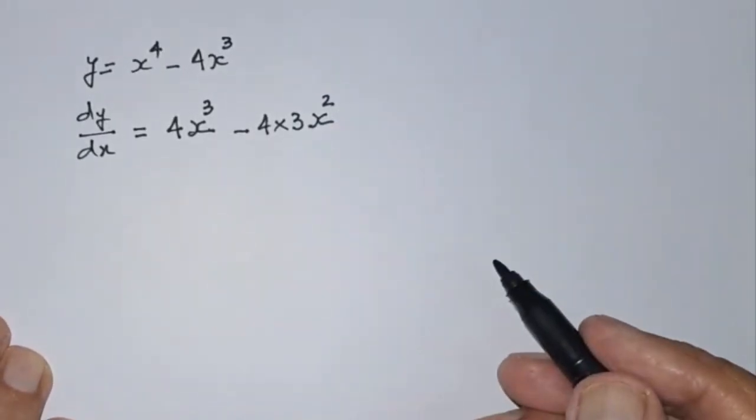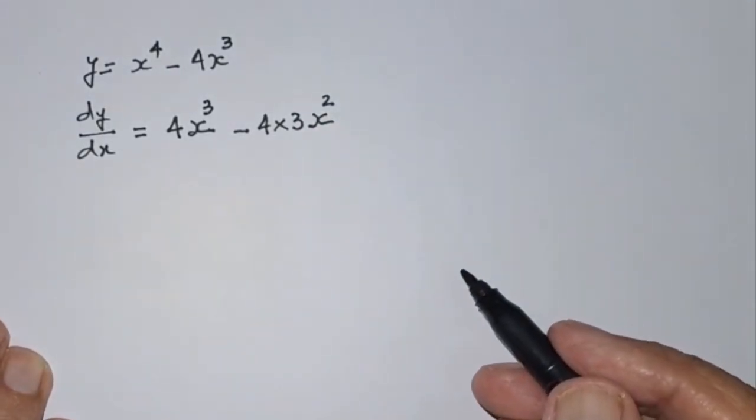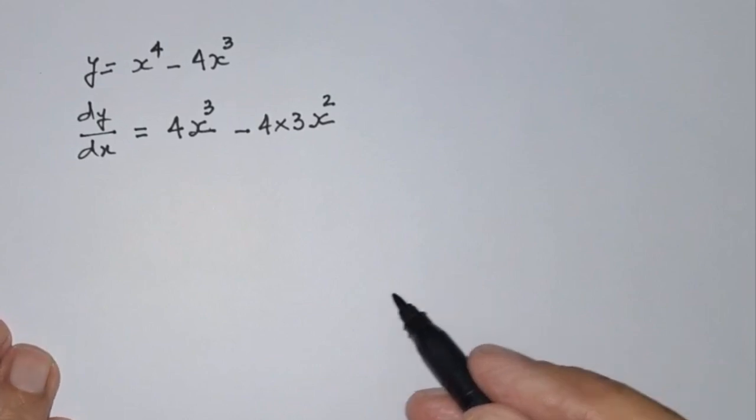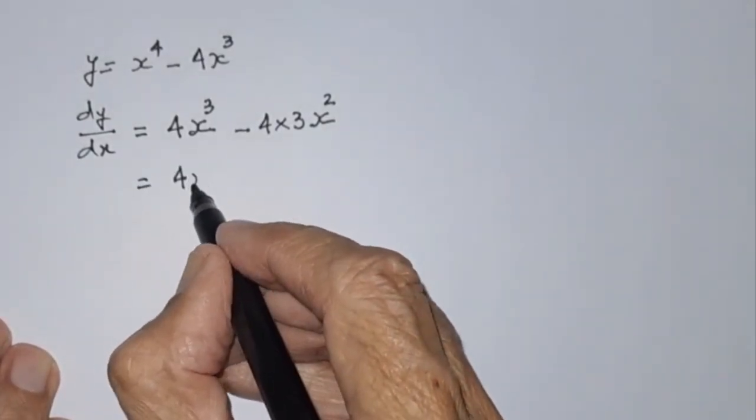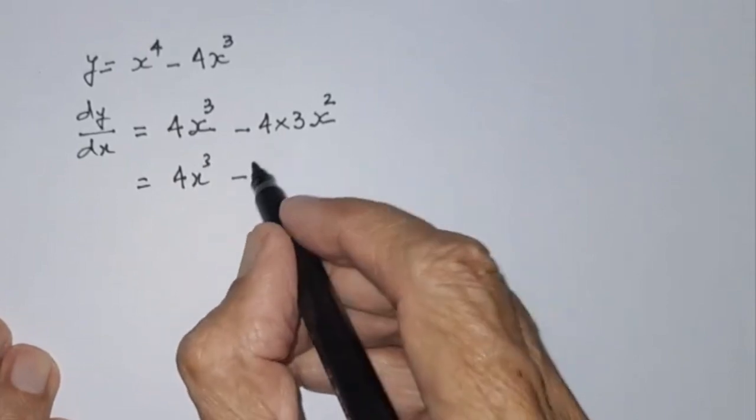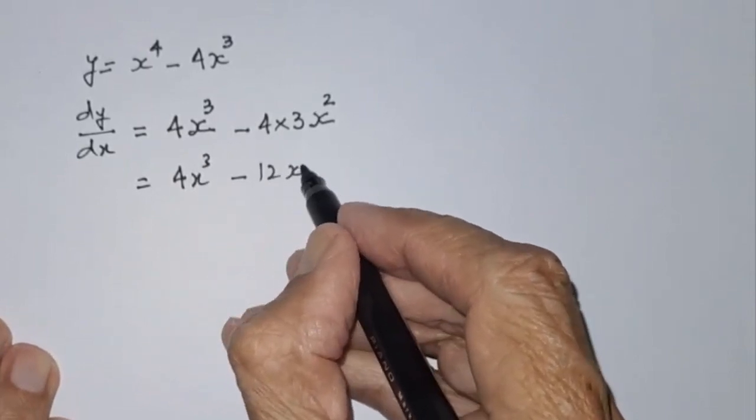This is the derivative of y equal to x4 minus 4x cube, which can also be written as 4x cube minus 12x square.